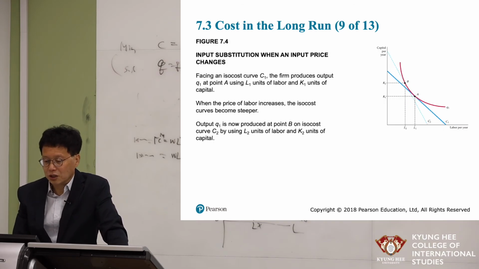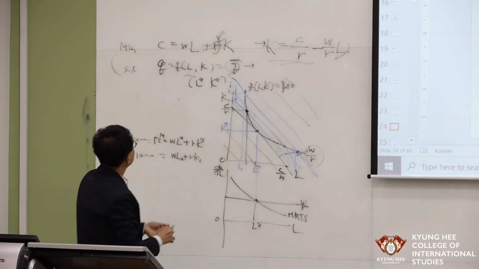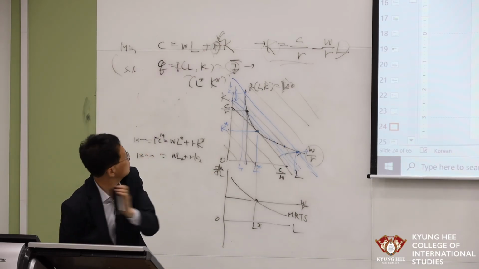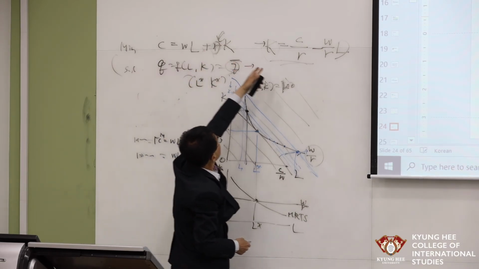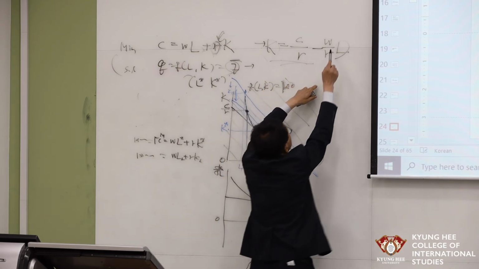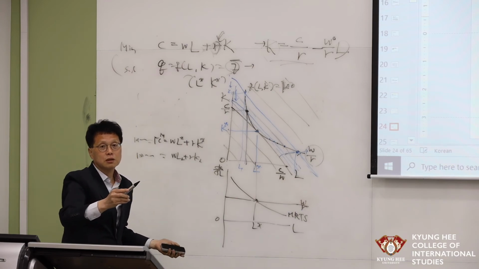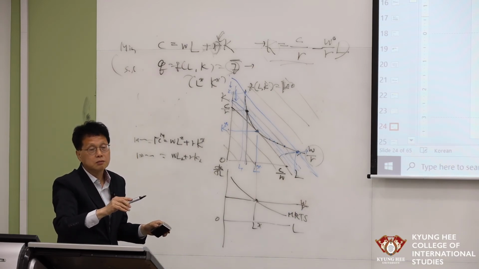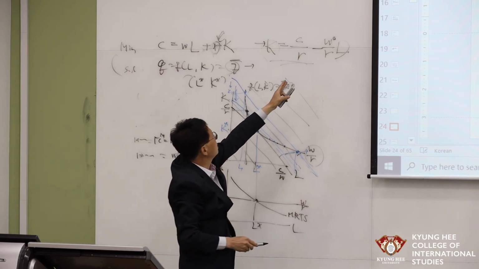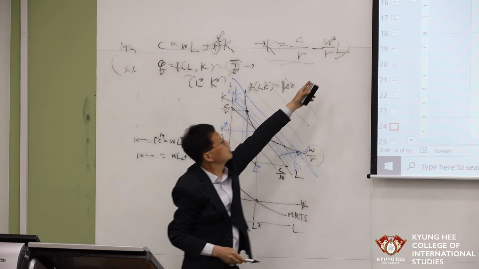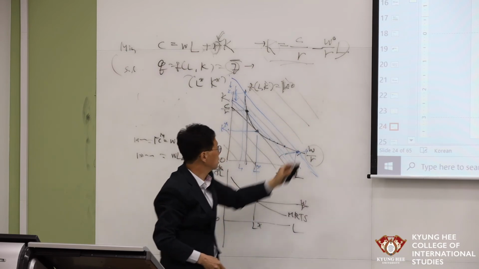Now the input price changes, then what happens? Right? So originally the total cost line is this one or this one. Now the wage rate increases. The rental rate of capital stock is constant, but the wage rate increases. Then what happens? The slope increases. Okay, the slope increases.